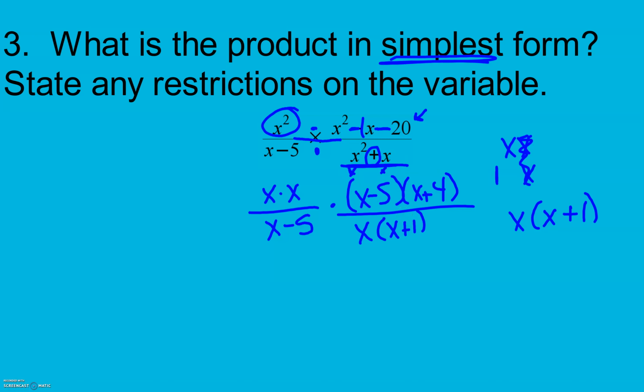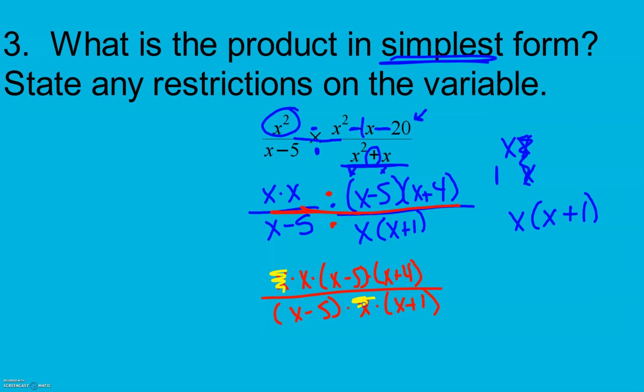Now again, with fractions, we multiply straight across. So it's like we make it one big fraction. And because now all my factors are being multiplied, we can get rid of them with this division in our fraction.